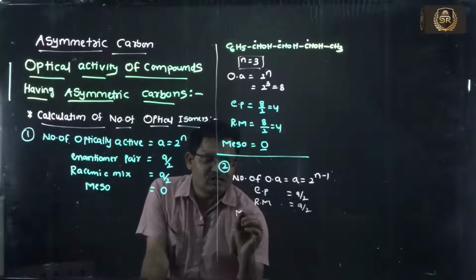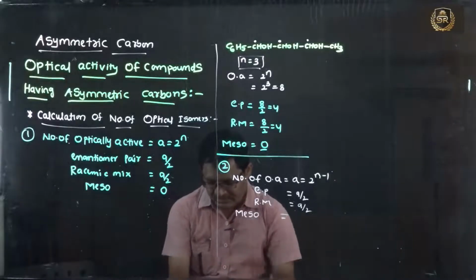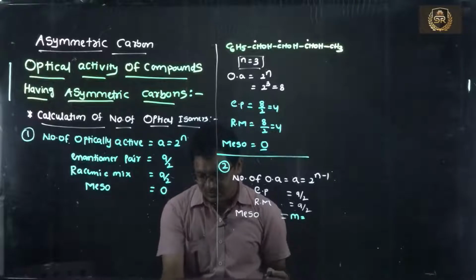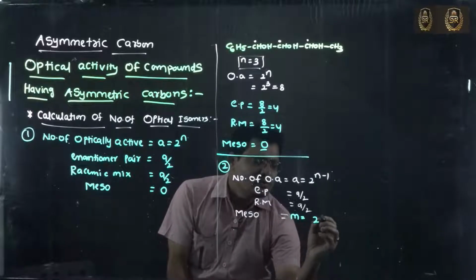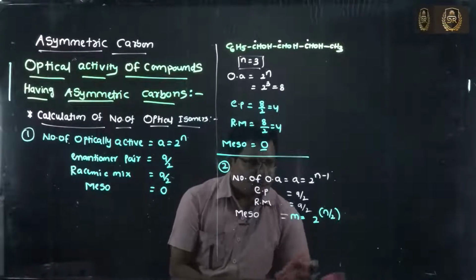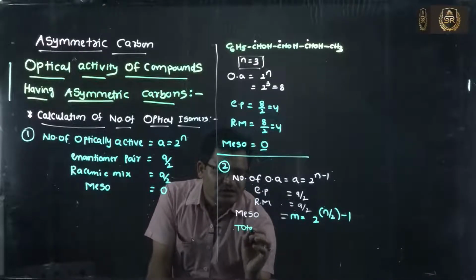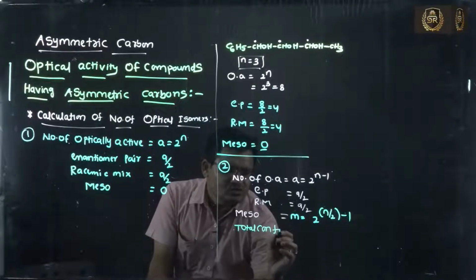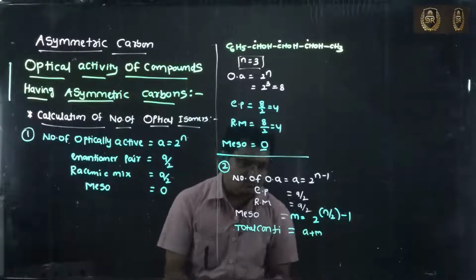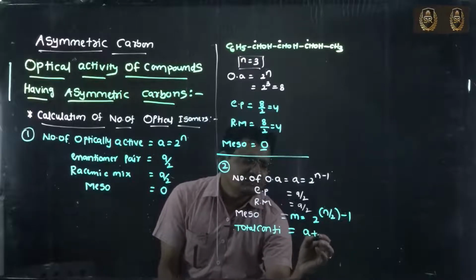Then the meso form is a little different: the number of meso forms m equals 2 power n by 2 minus 1, a small correction here, 2 power (n by 2) minus 1. Then total configuration equals A plus m.